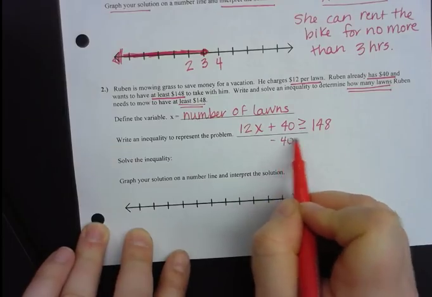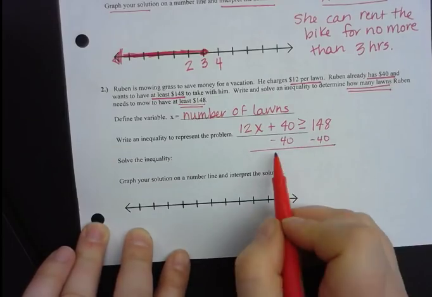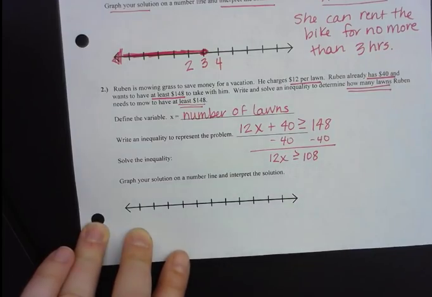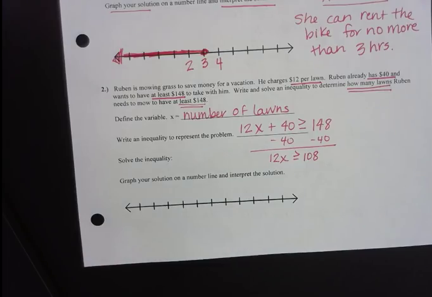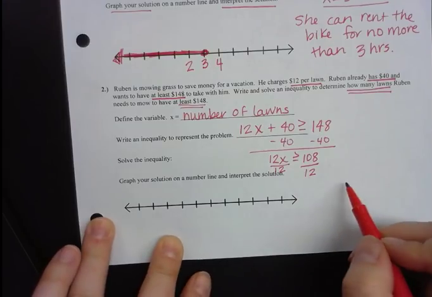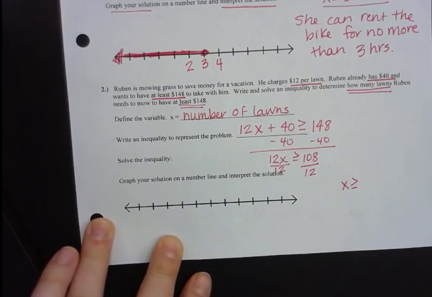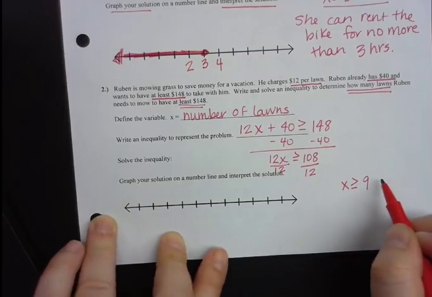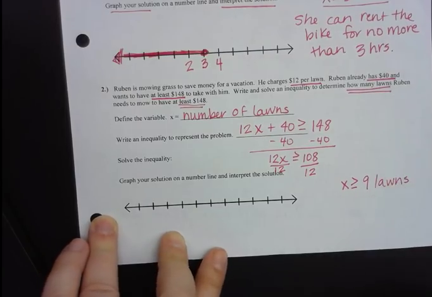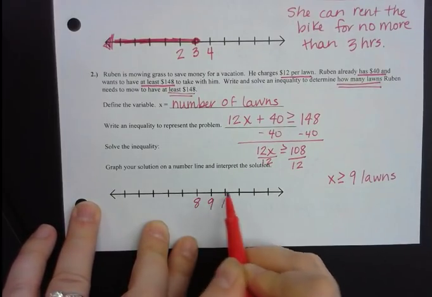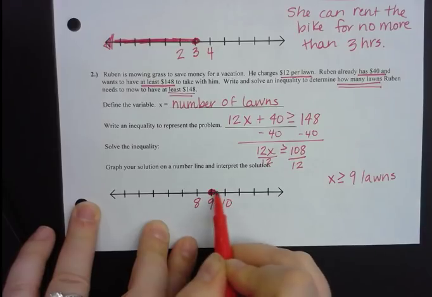So I'm going to subtract 40 from both sides. I get 12x is greater than or equal to 108. I'm going to divide by 12. So then we get x is greater than or equal to 9 lawns. So when I graph that, 8, 9, 10, closed dot on my 9.